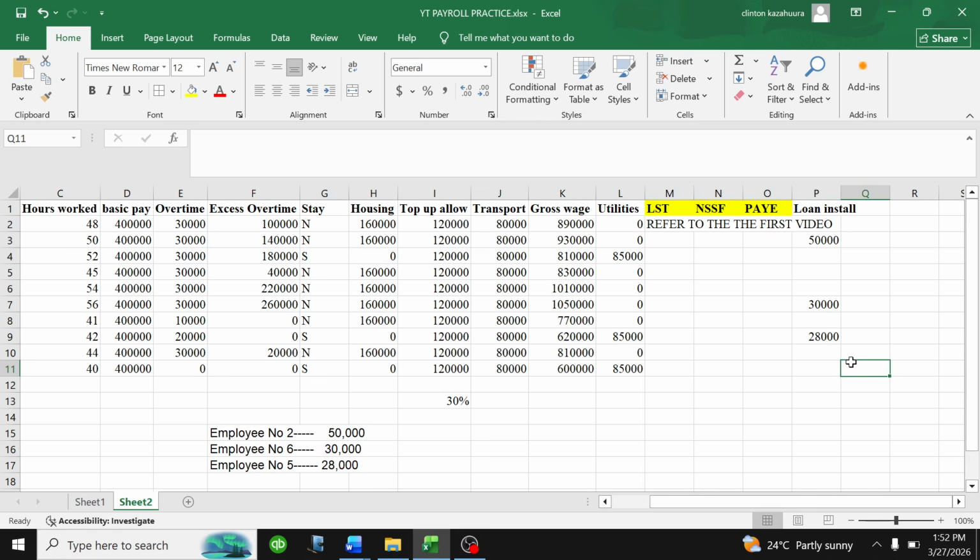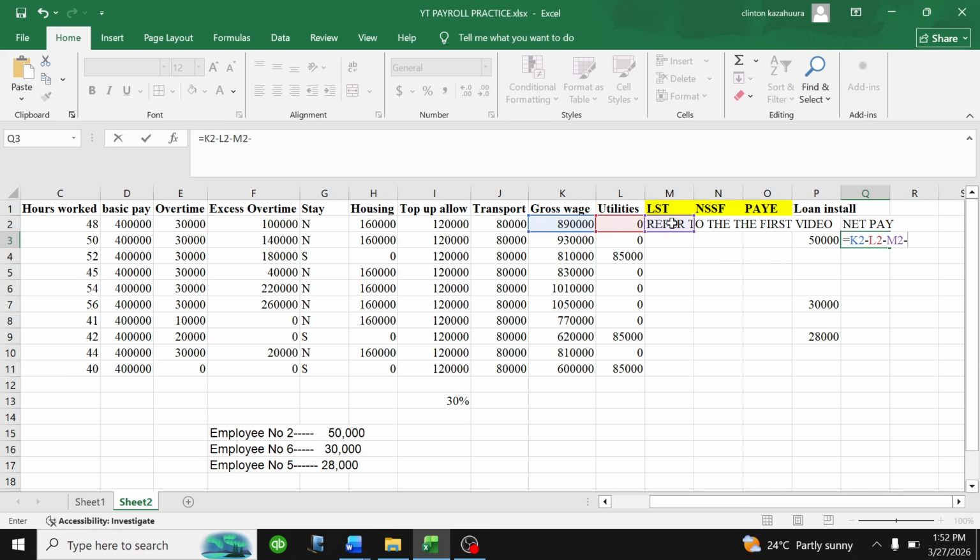So after doing all that, you come here and you compute what we call the net pay. How do we compute the net pay, ladies and gentlemen? It's quite easy. We say equal signs. You have this gross wage. You subtract utilities. You subtract local service tax.